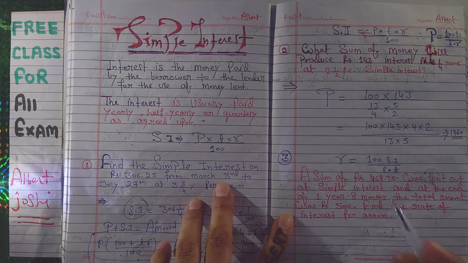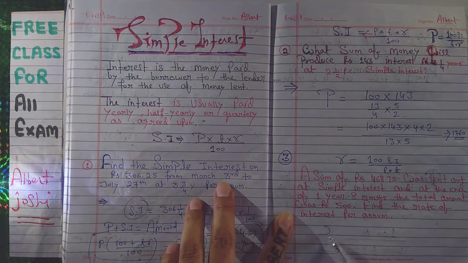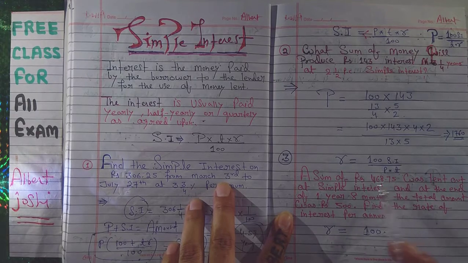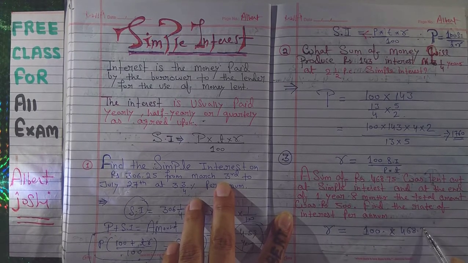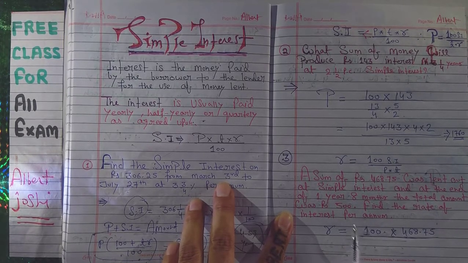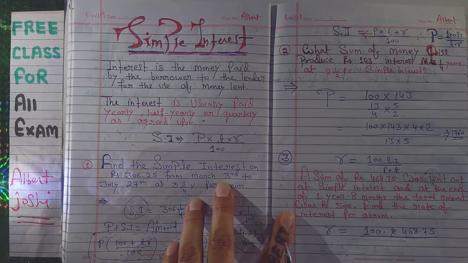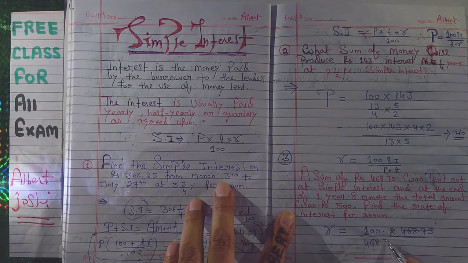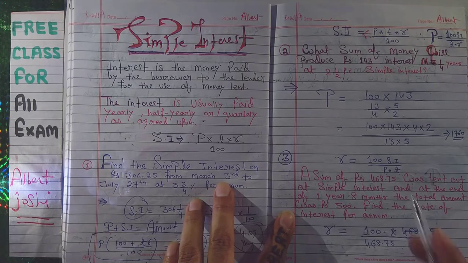So here we have to find the R, and you have to write 100 into simple interest upon P into T. P is 468.75.